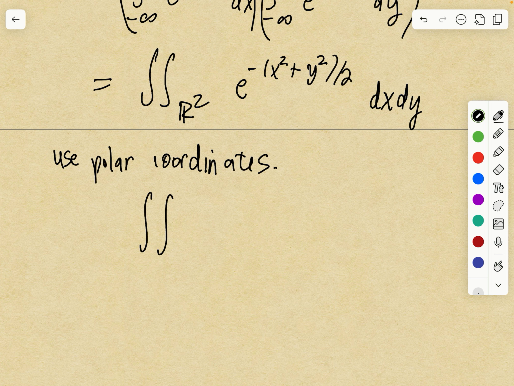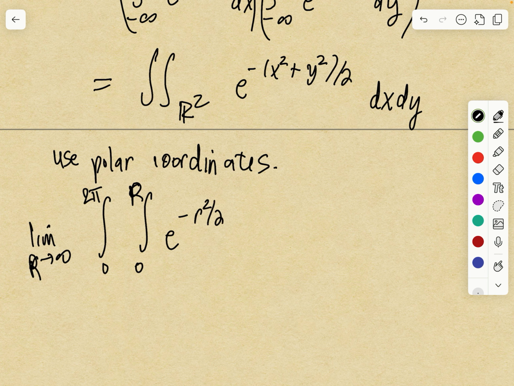over the circle of radius r, and then take the limit as r goes to infinity. So you have, maybe capital R, e to the minus r squared over 2 r dr d theta, right?